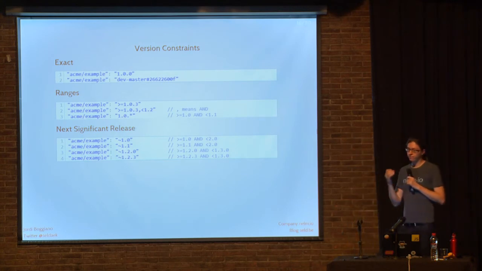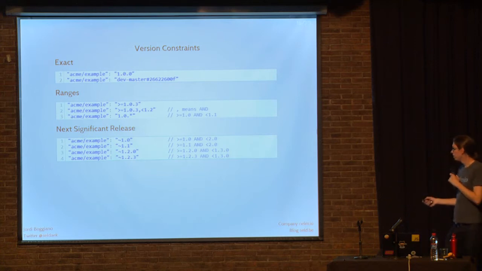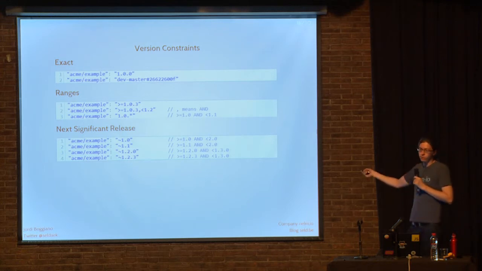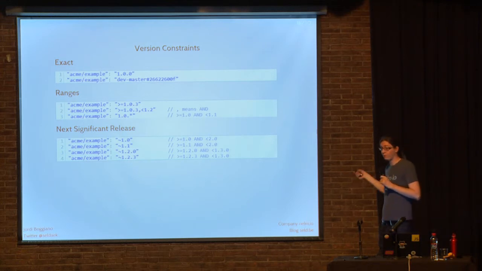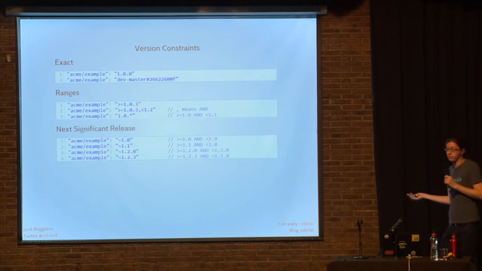So if people strictly respect this, it's pretty awesome, because you can say, okay, we know we tested this project with Acme example 1.2.3, and there is actually a bug fix in 1.2.3 that we need, so let's use at least this version. But if we get more bug fixes later, it's cool.